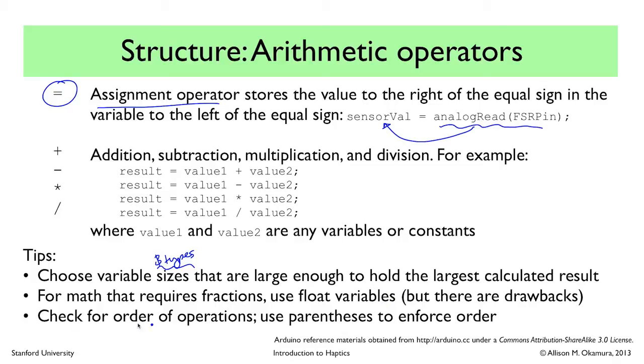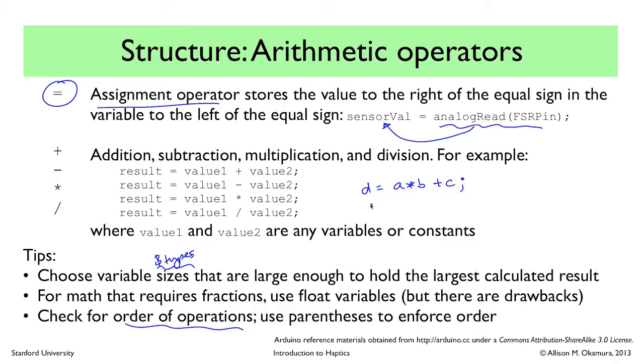In addition, you should check for order of operations. Up here we have very simple calculations, and so there's no confusion there. But let's say you have D equals A times B plus C, where A, B, C, and D are all defined variables.